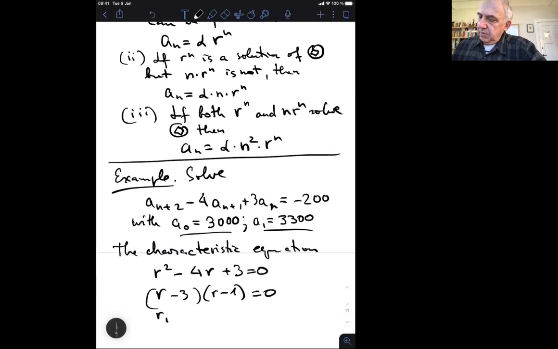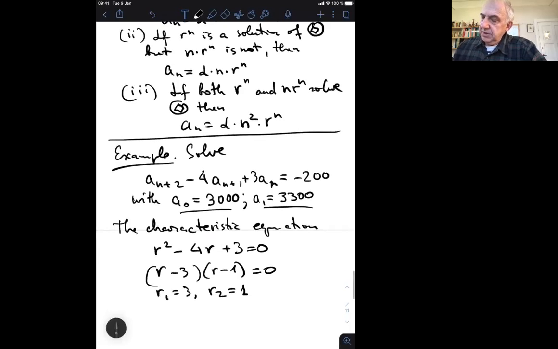So the roots are r1 is 3 and r2 is 1. These are two distinct real numbers, so the general solution of the homogeneous equation would be alpha times 3 to the power n plus beta times 1 to the power n, which is just 1, of course. So this is the general solution.